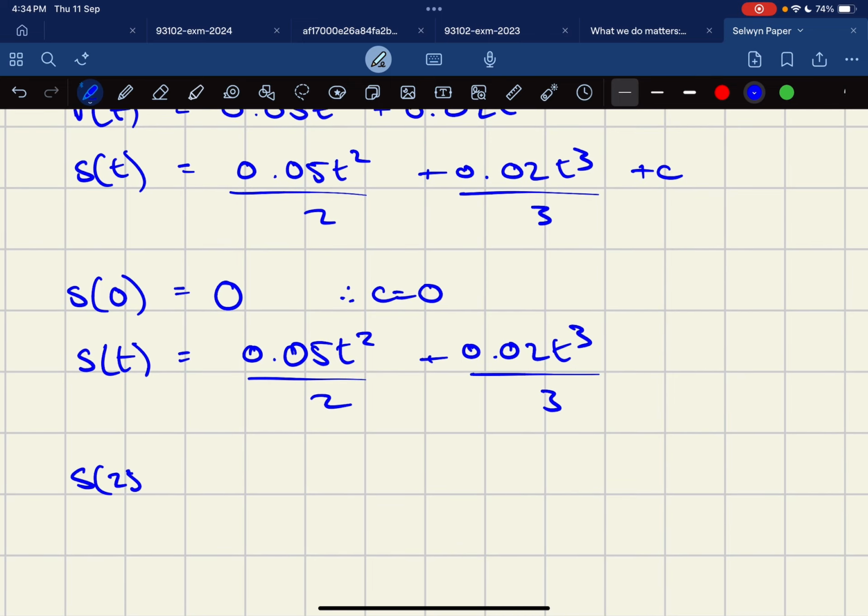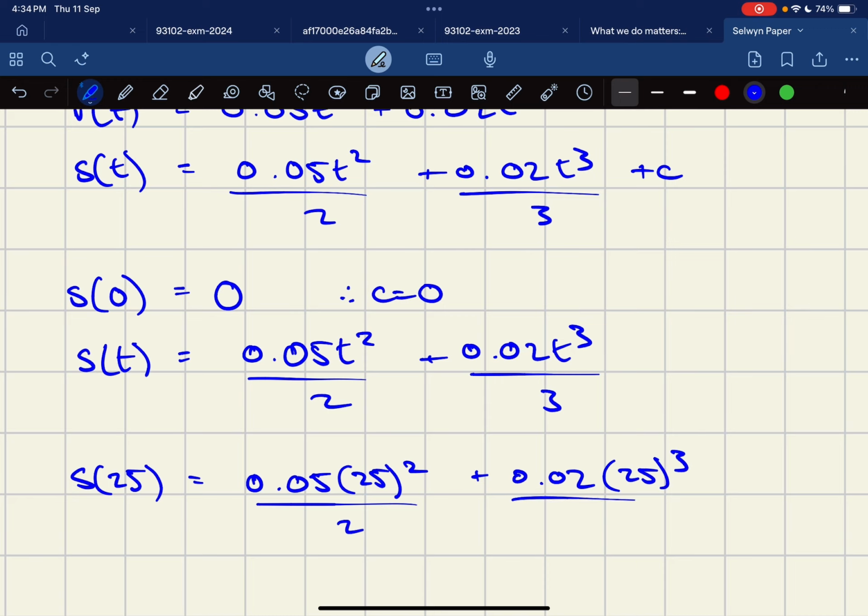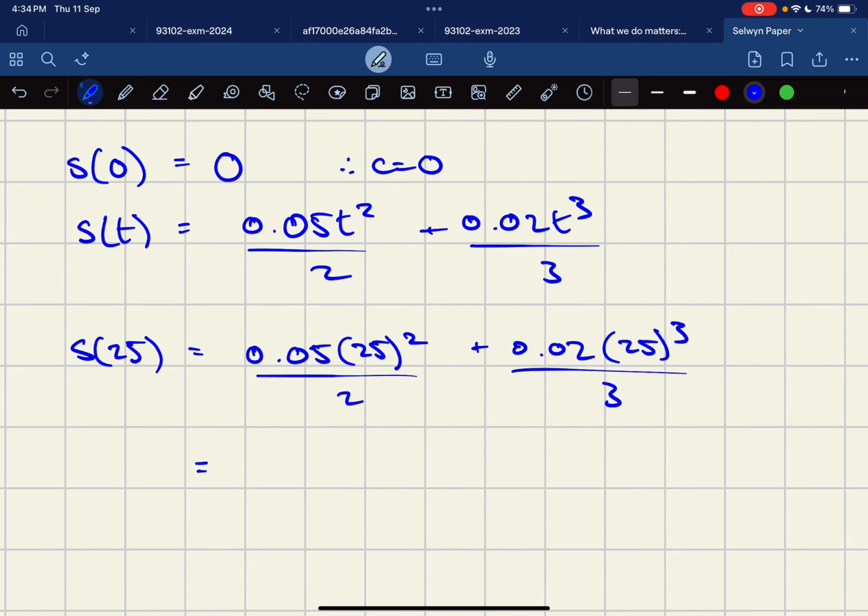So s of 25 is equal to 0.05 times 25 squared over 2 plus 0.02 times 25 cubed over 3, which gives you 119.79, and it's in meters.